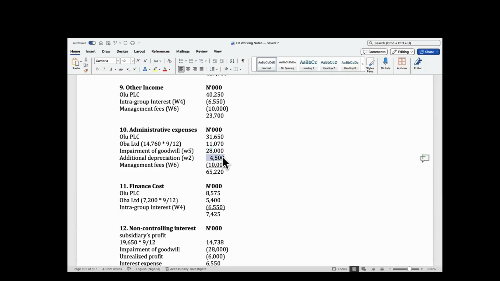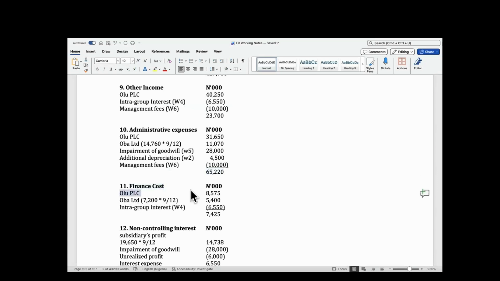Then the additional depreciation that we solved also belongs to the subsidiary as well, because the subsidiary's assets are added. The management fee, we take it out, intra-group, we took it out from income, take it out from expense. So we are left with this as group expense that we are going to consolidate. Finally, it's finance cost.